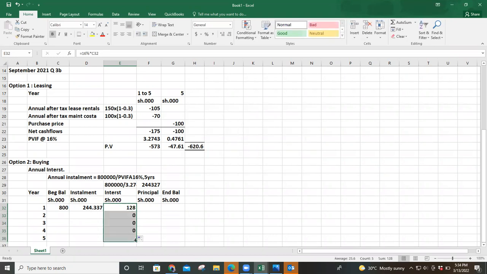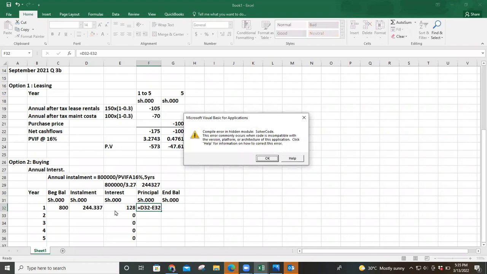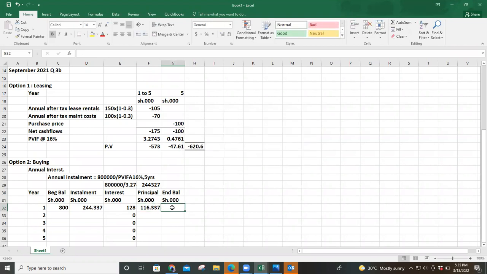The installment that you're paying is covering two items. It's partly paying the interest and partly paying the principal. So meaning that the principal becomes the installment minus the interest. And of course, the end balance becomes the amount of loan at the beginning minus the amount that we paid during the year.